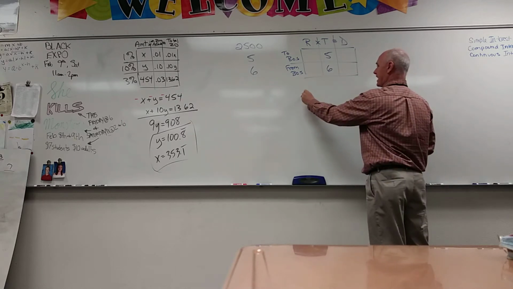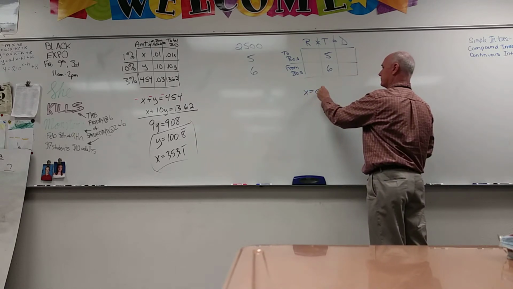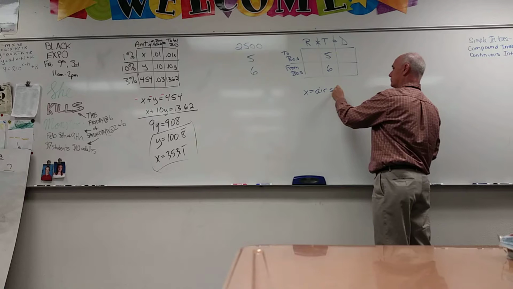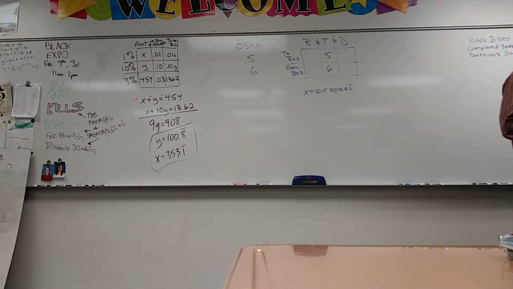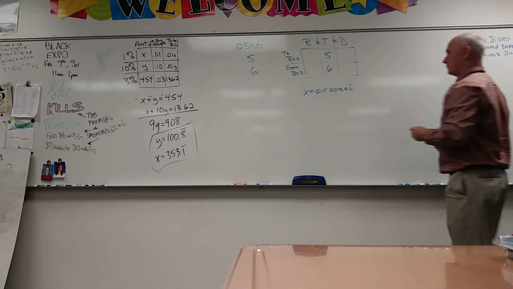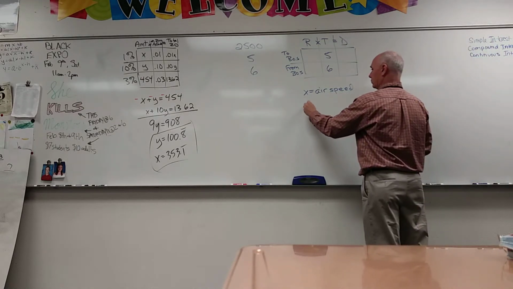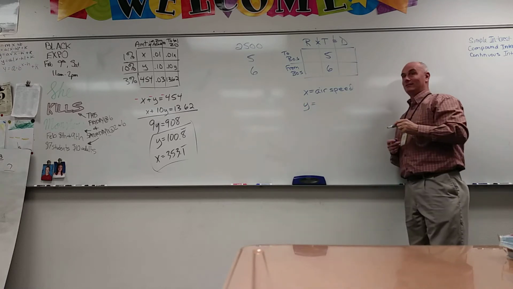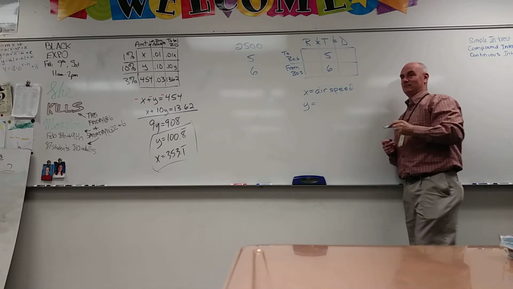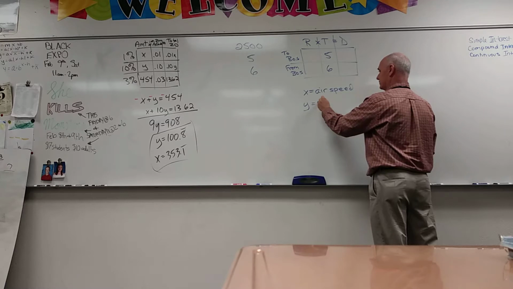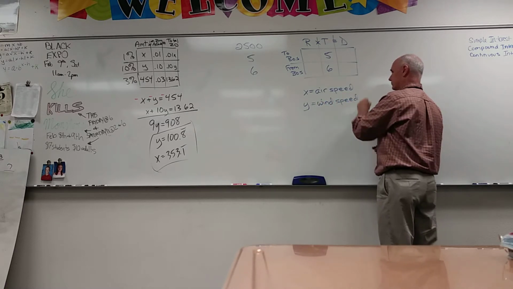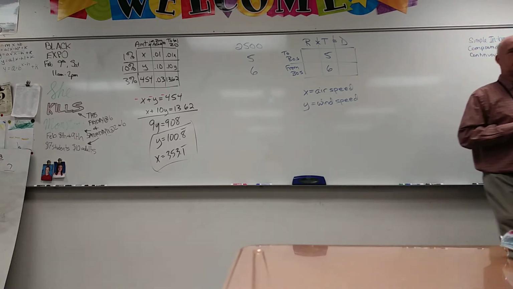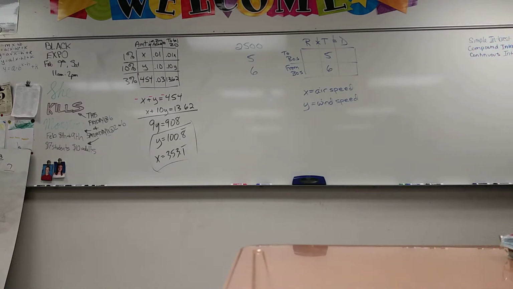There is how fast the plane can fly, which we'll call airspeed. Airspeed is how fast the plane can go if there's no wind. We'll call that x. And we'll call the wind speed y.